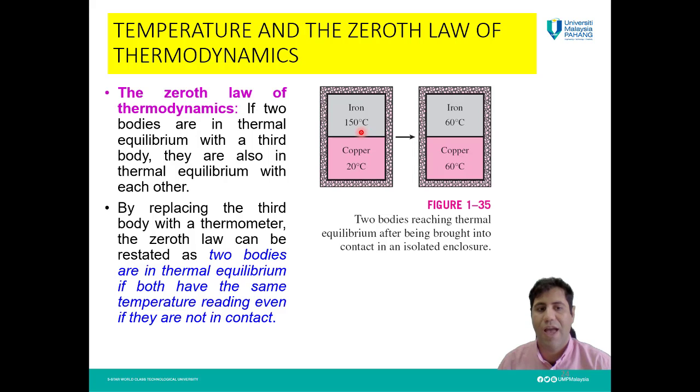So anytime we have two different substances with different temperatures in contact with each other, they try to reach an equilibrium temperature like what we have here. The temperature of copper is increased. The temperature of iron, which was higher than copper, is decreased. Some thermal energy from iron is transferred to the copper. So finally, they reach the same temperature, 60 degrees Celsius.